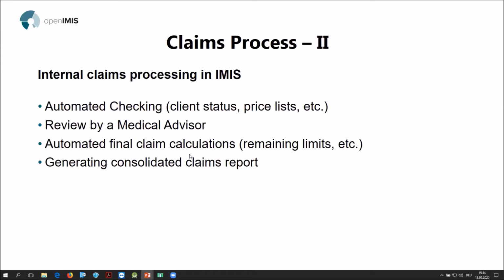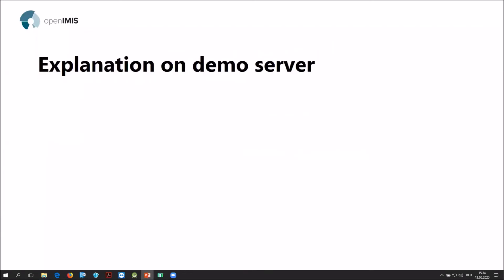Once the medical advisor has checked the individual claim, it's then sent forward, and all kinds of calculations regarding remaining limits, etc., happen at this point. And then you can, of course, create consolidated reports, which give you an idea what amount has to be paid to the healthcare facility. So this is now what I'll quickly show on the demo server.